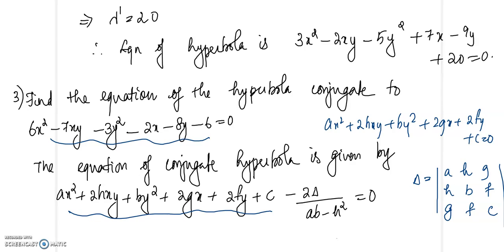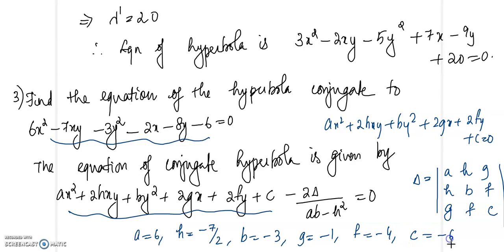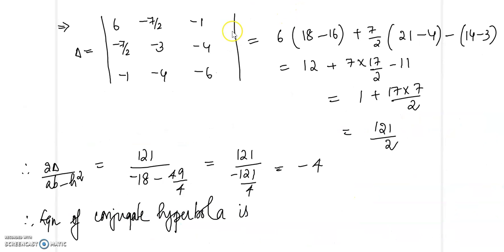So let us evaluate delta. Here a is 6, h is minus 7 by 2, b is minus 3, g is minus 1, f is minus 4, and c is minus 6. So delta is this determinant.